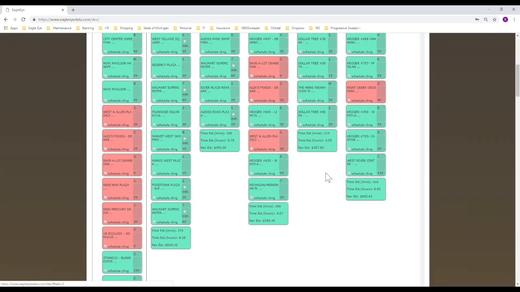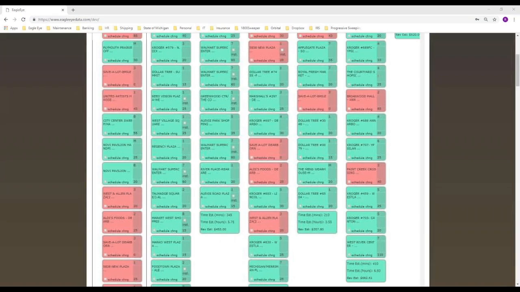If you know that you're not getting the right revenue, such as this one's over 500, this one's under 400, this one's at just over 350, this one's at $662, maybe you can redeploy to maximize your revenue. It also depends on your route itself too, to limit your windshield time.